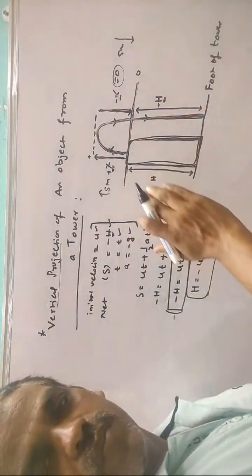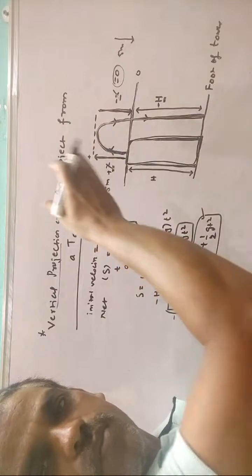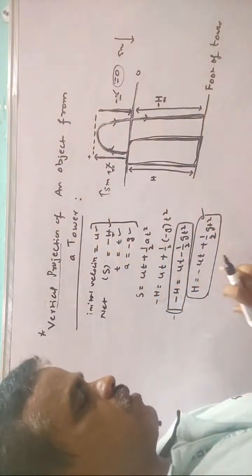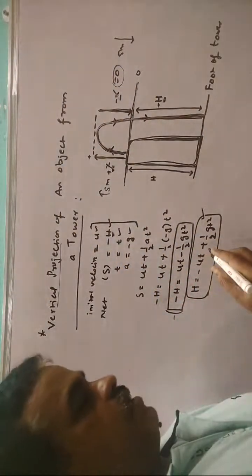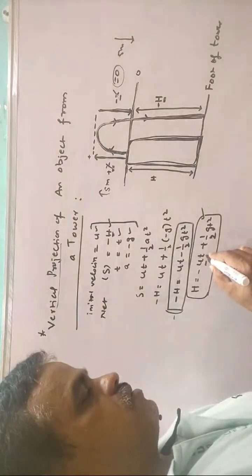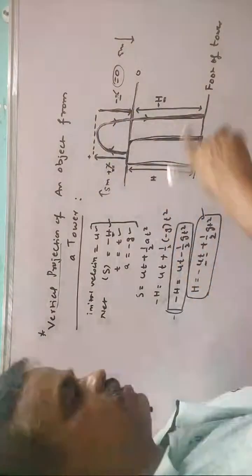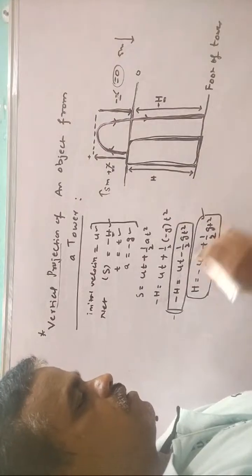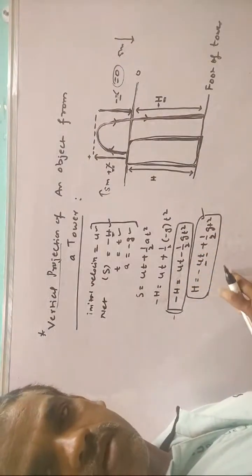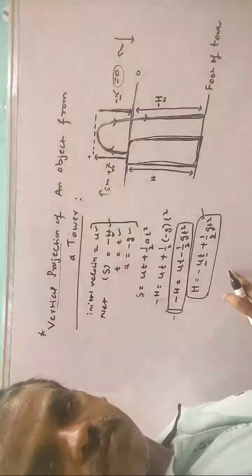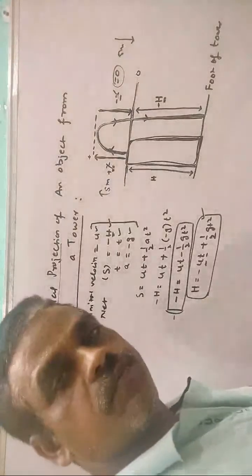This is the equation for finding the height of the tower. Here this is the initial velocity, this is the total time of journey, this is the gravitational acceleration. Just copy it first.